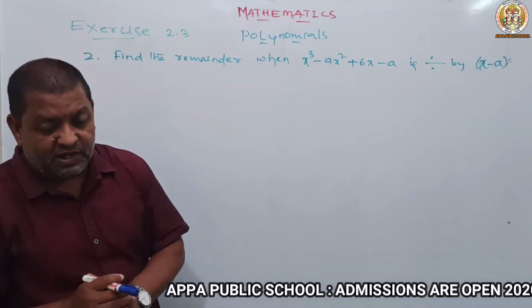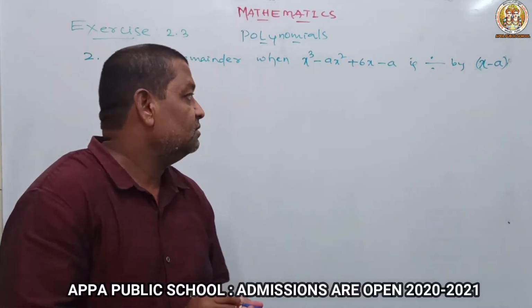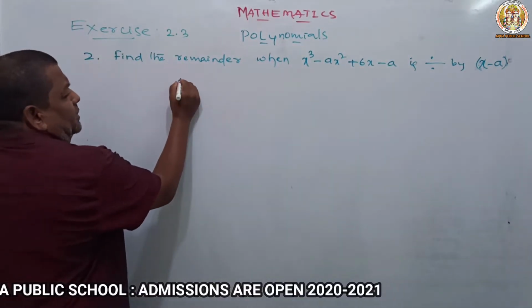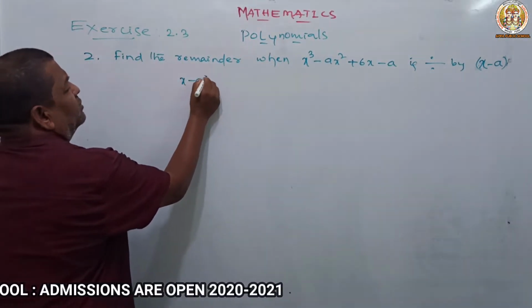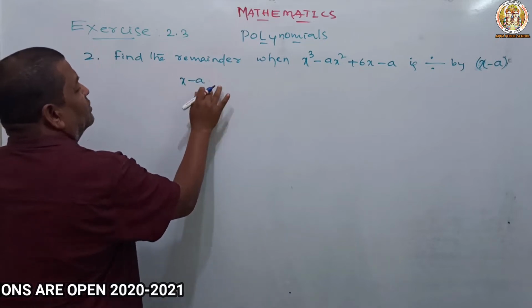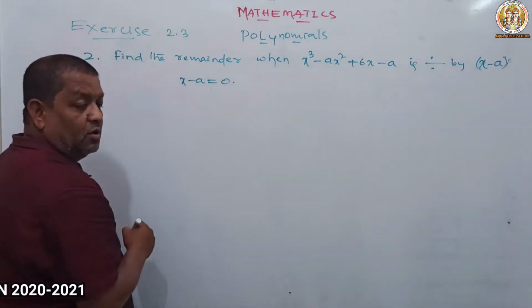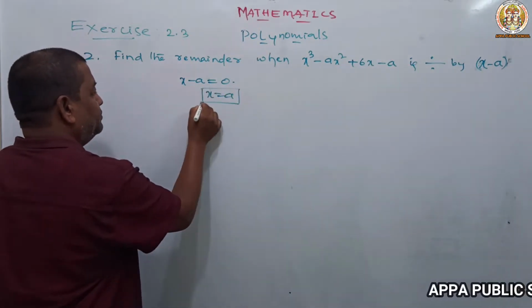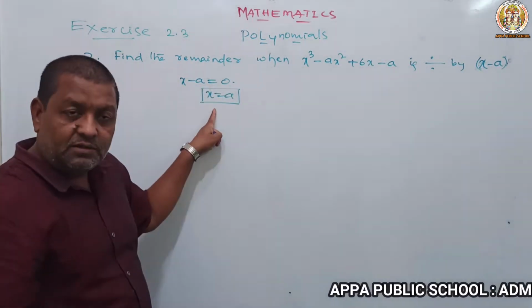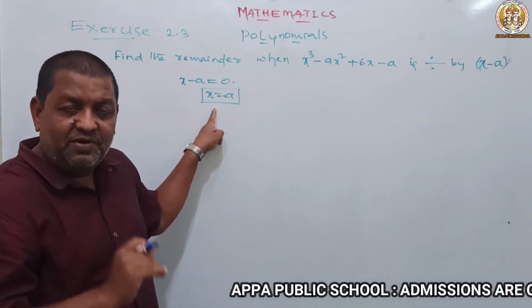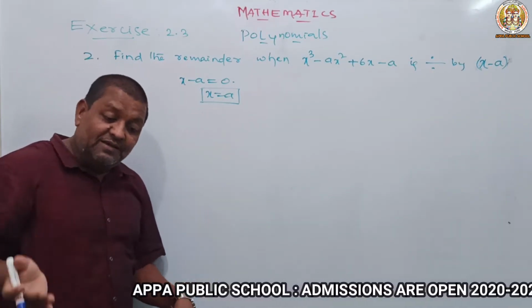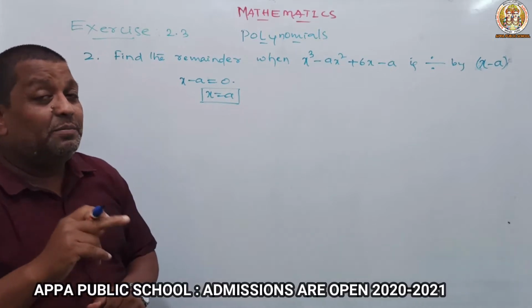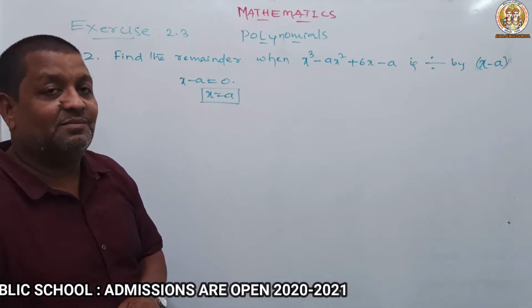After simplification we get our remainder. See how? Now equate to 0: x minus a is equal to 0. What is x? x is equal to a. Now by the remainder theorem, if p of x is a polynomial, then x minus a is a linear polynomial, then p of a is the remainder.